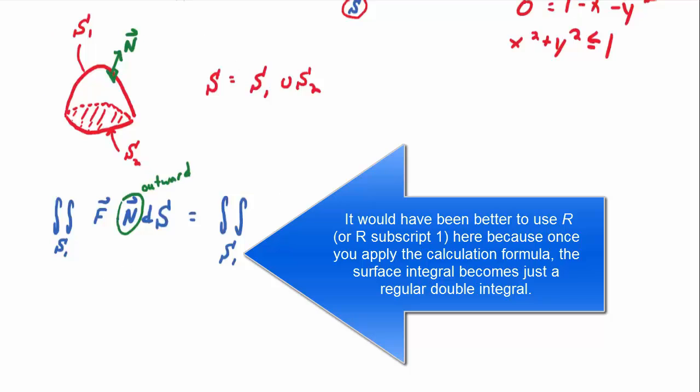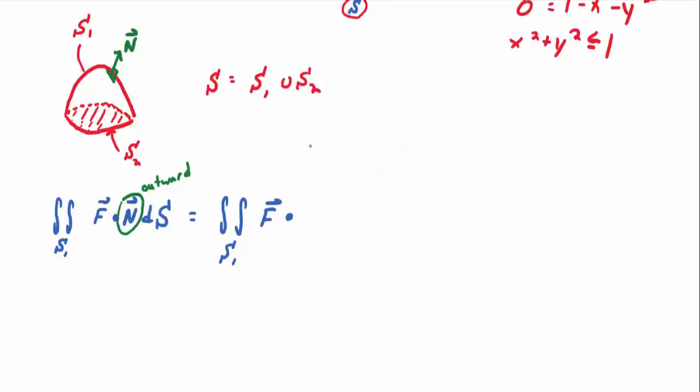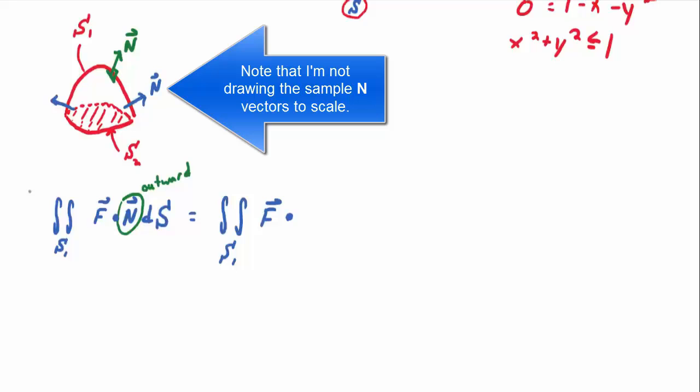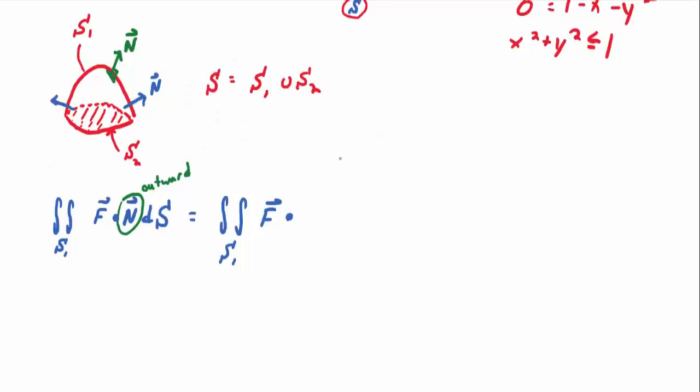And in the calculation formula, we take f dot, it's got to be positive del g because the k component of any vector on the paraboloid is going to be positive. You can tell, just draw a few of them. It might get almost flat, but it won't get totally flat until you get on the edge here, which won't matter. Okay, so we're going to take the calculation formula to be the integral over S1 of f dot del g dA.